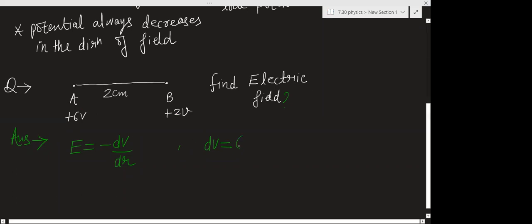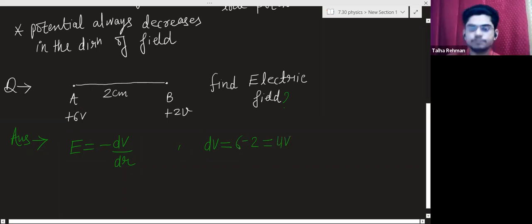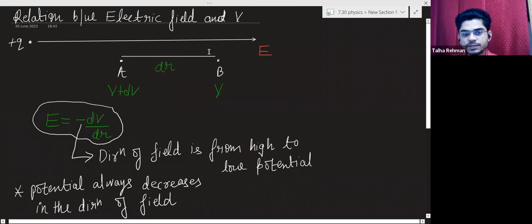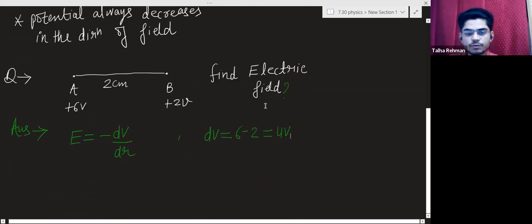Means we can say 6 minus 2, that is 4 volt. And we also have dr. dr means the distance between these two points, like this, dr. So we have dr as 2 centimeter, and if I convert 2 centimeter into meter, I will divide this 2 centimeter by 100.